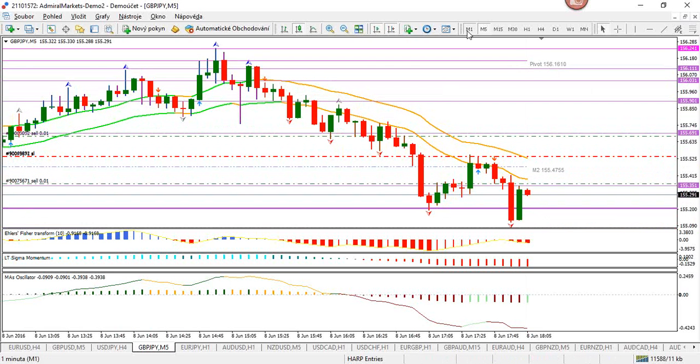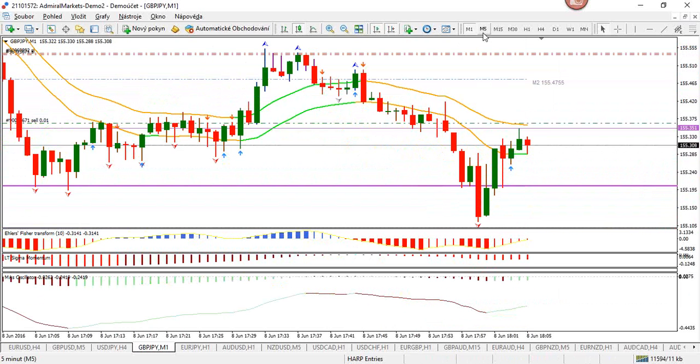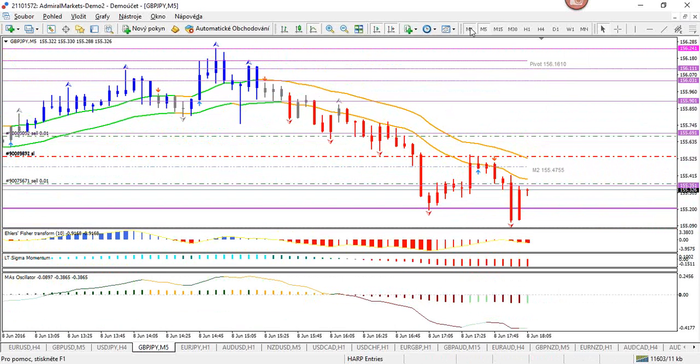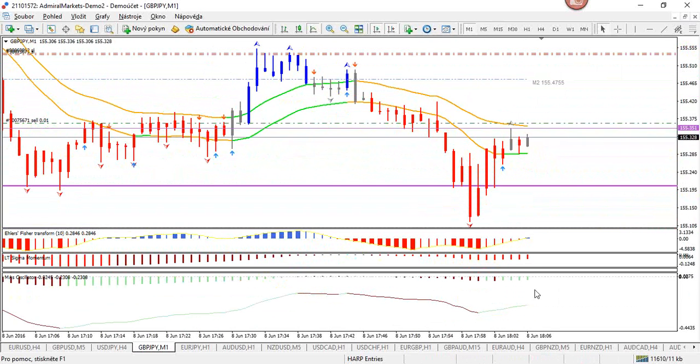Well, I guess these bounces, you're always going to have them, so it's annoying, but what can you do? Five-minute chart is still in momentum. 1-minute chart is obviously retracing.